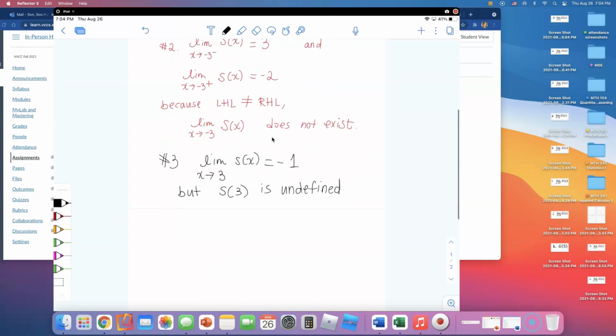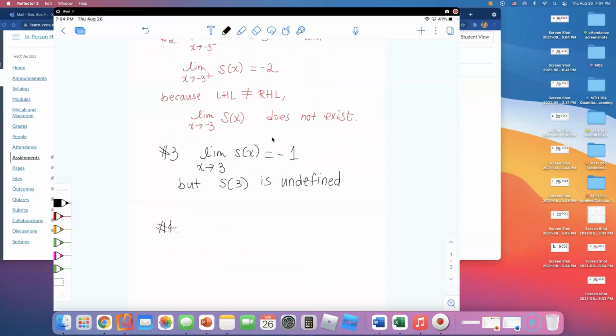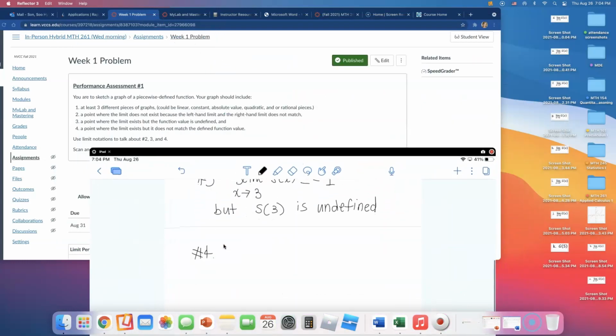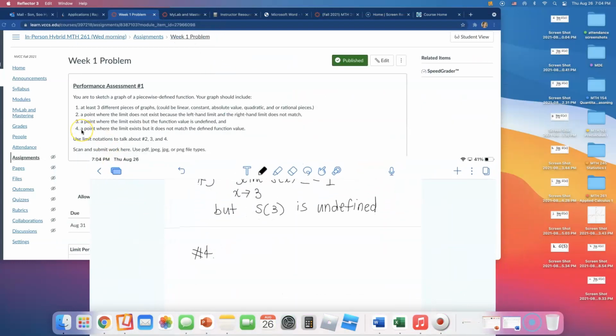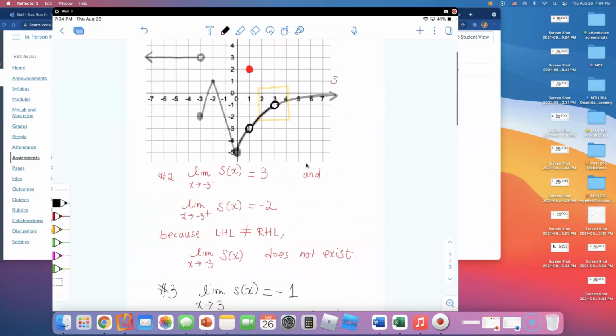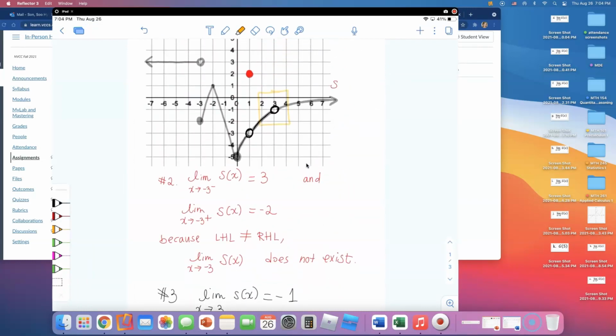All right, let's do the very last part, number 4. So everyone's answer will be different. If you submit something exactly the same as mine, don't do that. You do your own graph, okay? A point where the limit exists, but it does not match the defined function value. Oh, that was the last one. So that was this one right here, the red dot. So I have to now talk about this red dot. Okay?